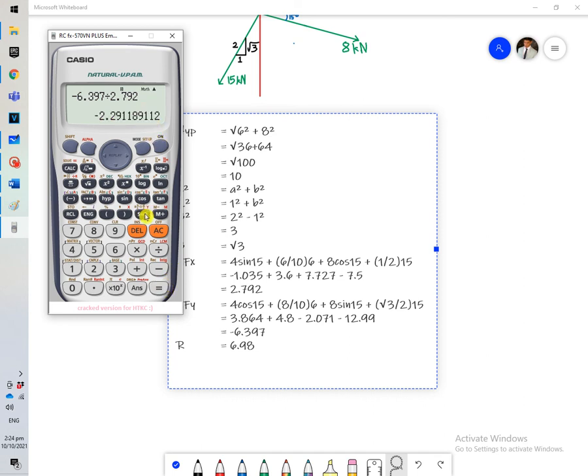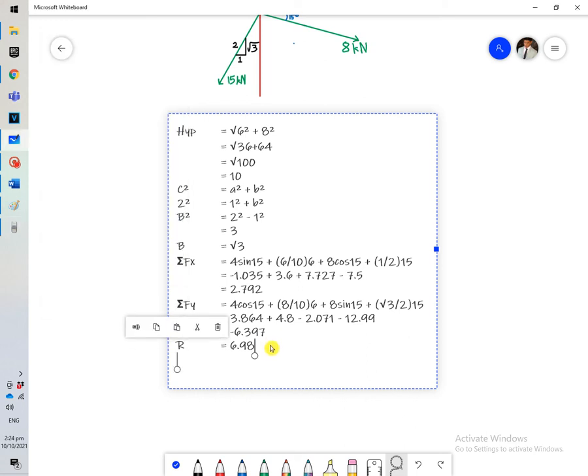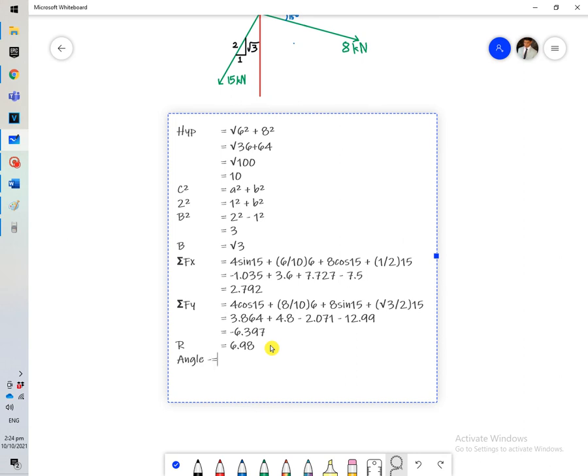Kaso, hindi naman tangent yung kailangan natin, kailangan natin angle. So, from the value of tangent, pwede nating kunin yung arctangent. Ngayon, ito na yung angle na gagamitin natin. So, our angle, or our alpha, is equivalent to negative 66.421 degrees.